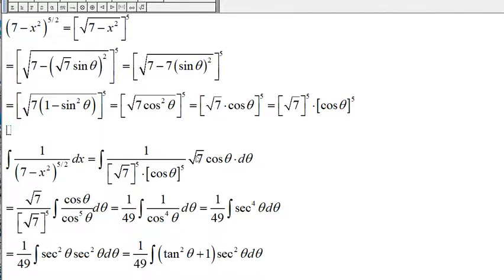And so we have the square root of 7 over the square root of 7 to the fifth, and then cosine divided by cosine to the fifth. This will be 1 over 49. Cosine divided by cosine to the fifth is 1 over cosine to the fourth.